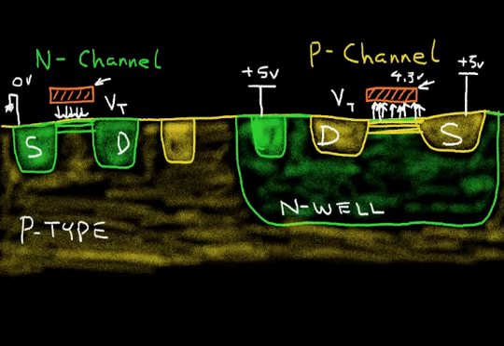The N channel actually has a slight advantage over the P channel because there's a mobility term in this channel region that we call mu, and we presented that in a previous equation. And in the N channel, the mobility is greater than the mobility mu in the P channel.